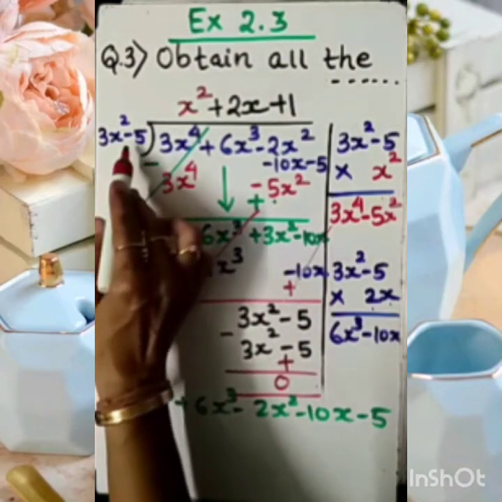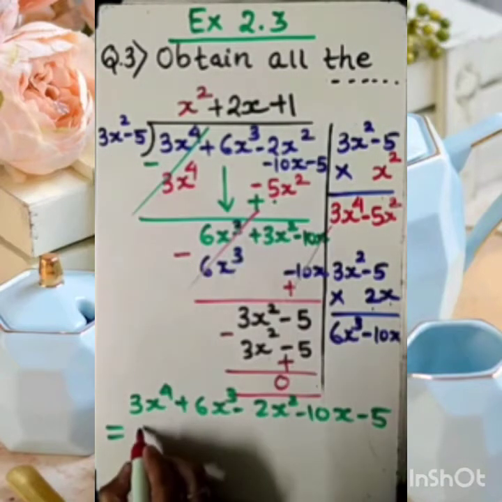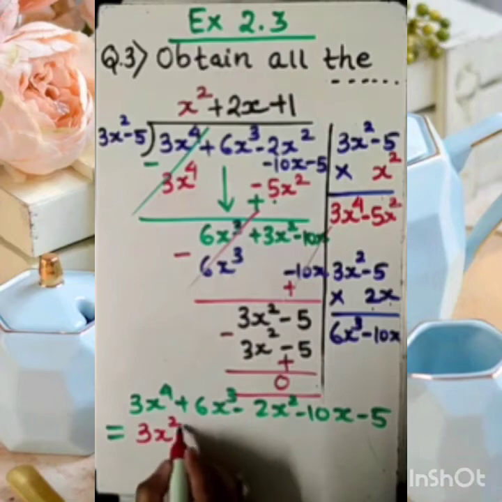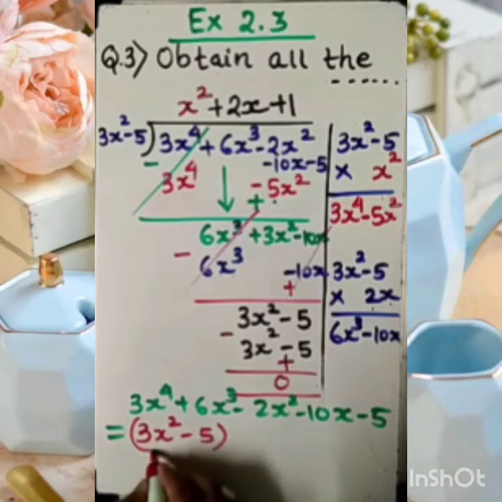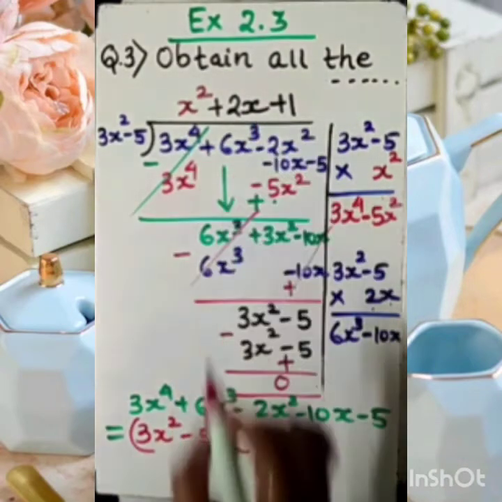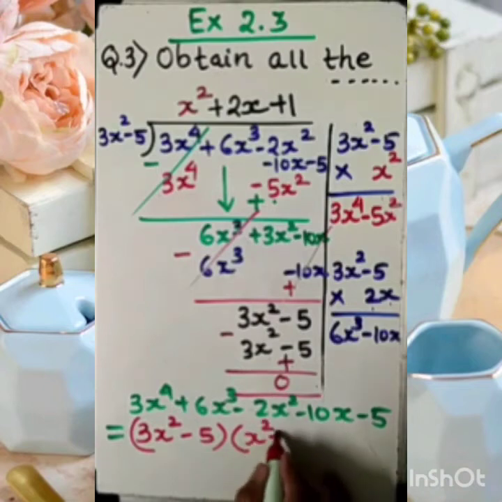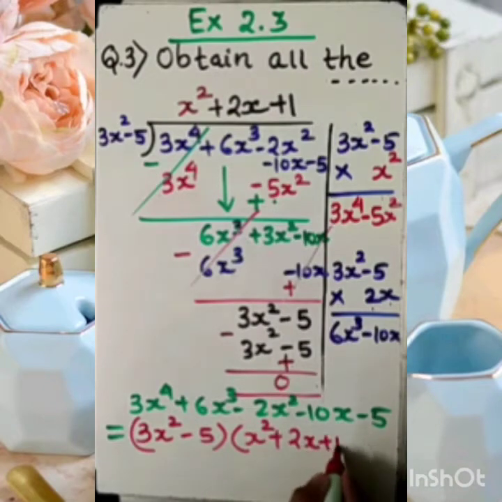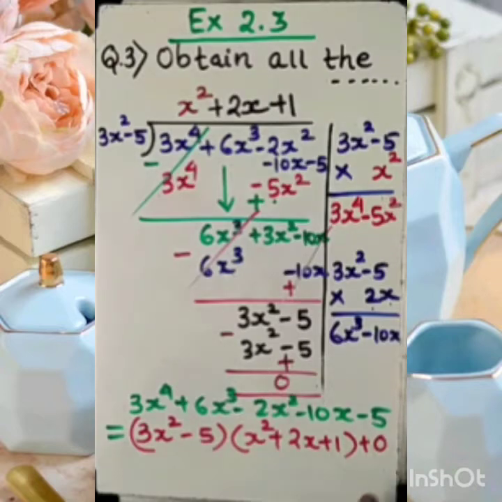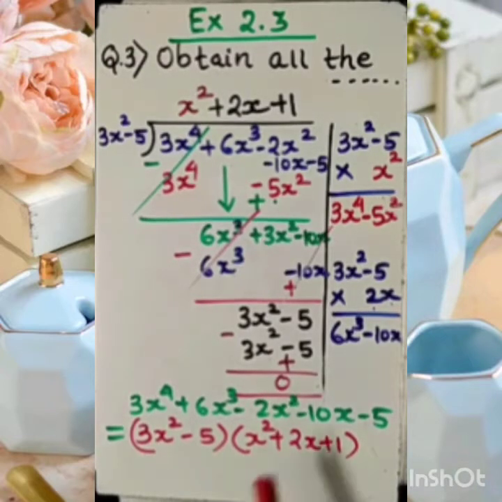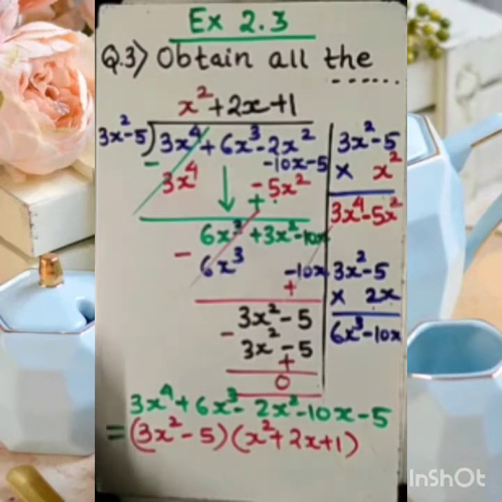So here it is divisor x square minus 5. And what is the quotient? Quotient is x square plus 2x plus 1 and plus remainder 0, because it is already divisible by it, so no need to mention plus 0. It is understood.